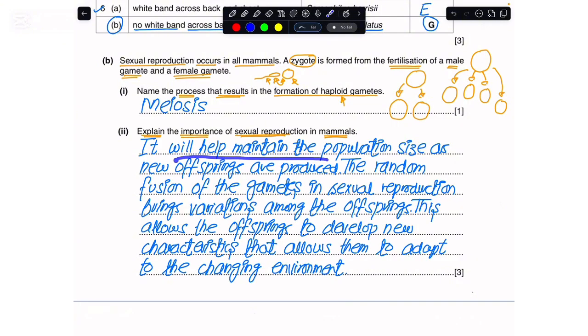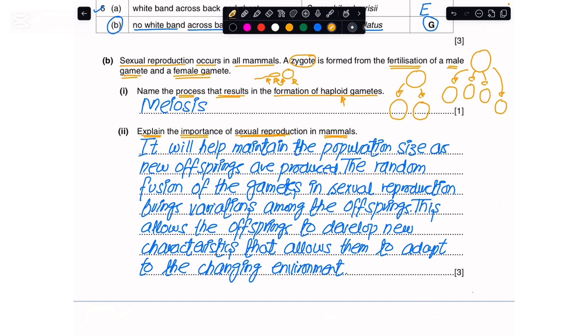The other scenario is that when we make the gametes as a result of meiosis, each gamete cell which forms here has a different combination of alleles, and that happens due to the crossing over phenomenon.